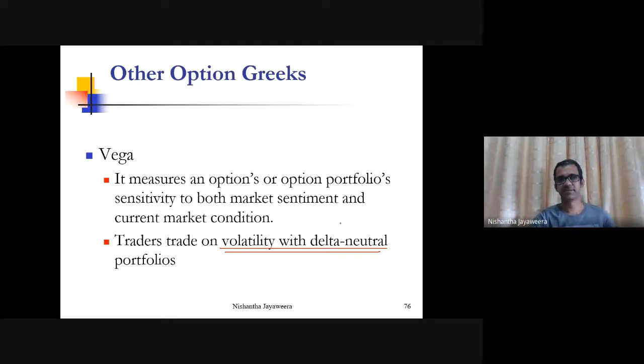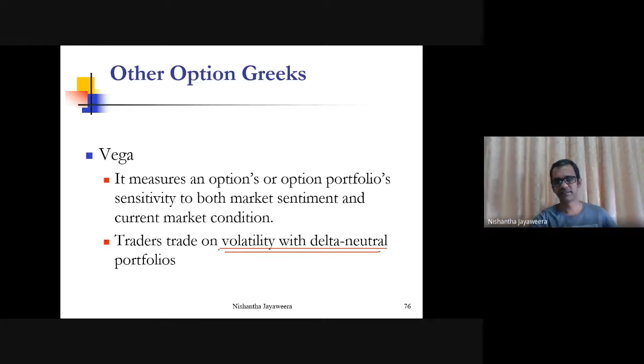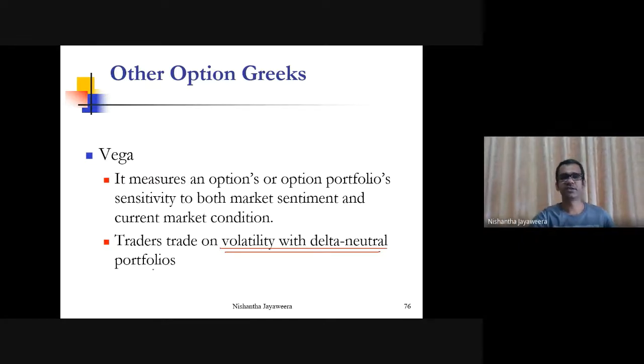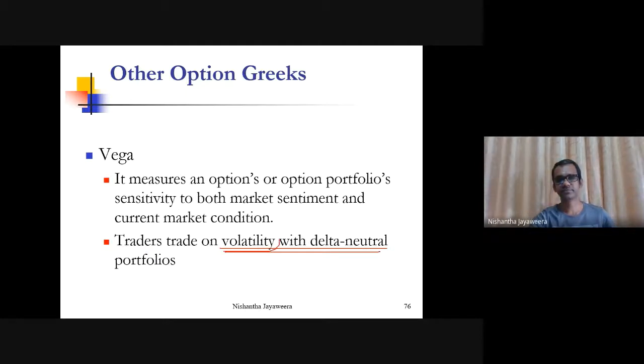But if the volatility changes, you will make a loss or profit. So that's how you trade volatility. That can also be done. Then Vega is the measure of risk.